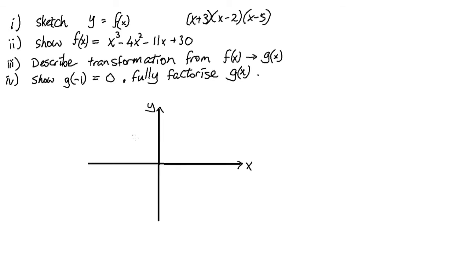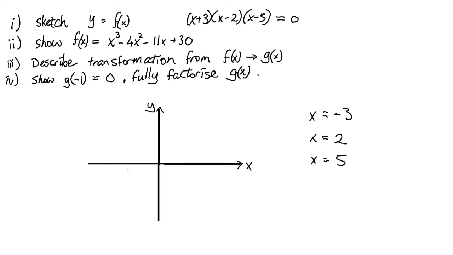Now f of x is (x plus 3)(x minus 2)(x minus 5), which shows that the x-intersections are located at the solutions for x. If this whole expression is equal to 0, which means that y is on the x-axis, then the solutions are respectively x equals minus 3, x equals plus 2, and x equals plus 5.